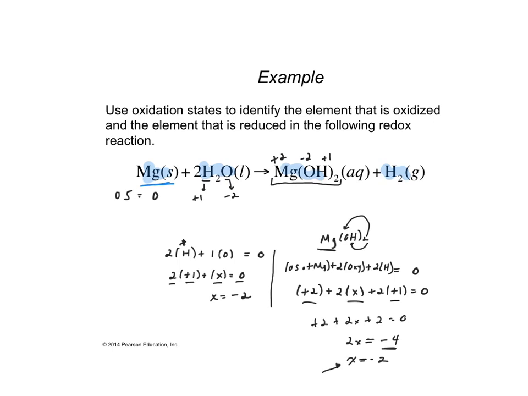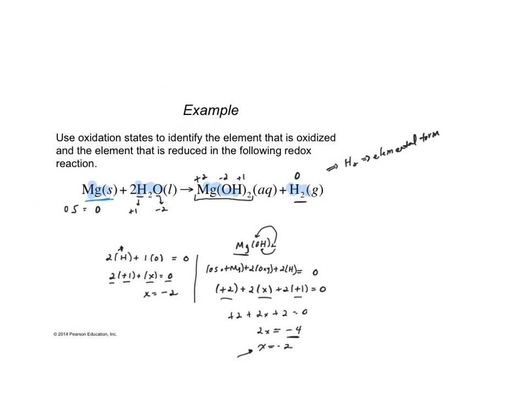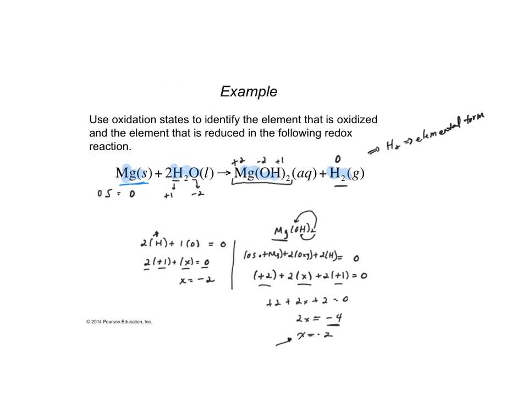And then we go to H2 gas, our last product. H2 gas, if you remember, is hydrogen in its elemental form, so this has an oxidation state equal to 0. Okay, so now everything has been given its oxidation state.